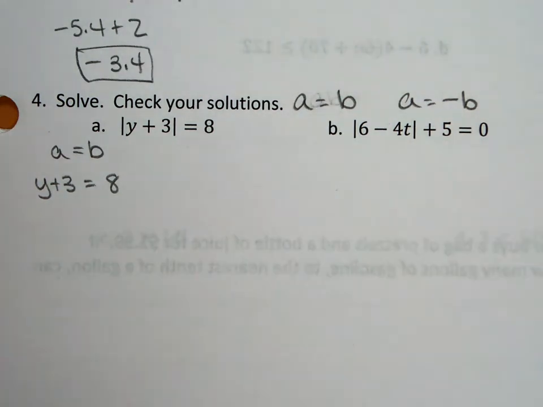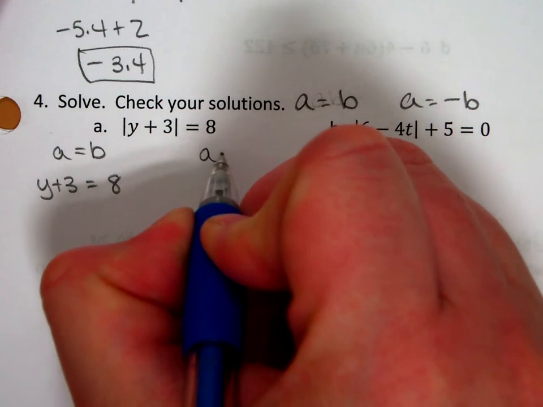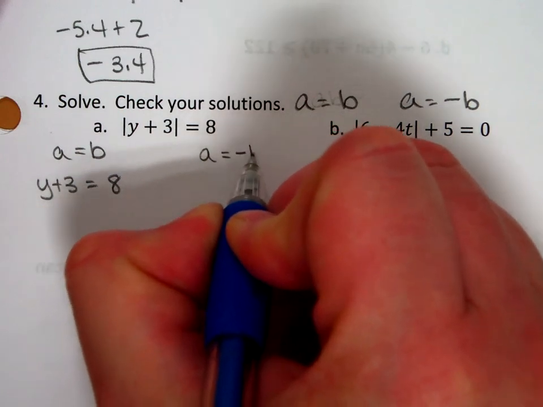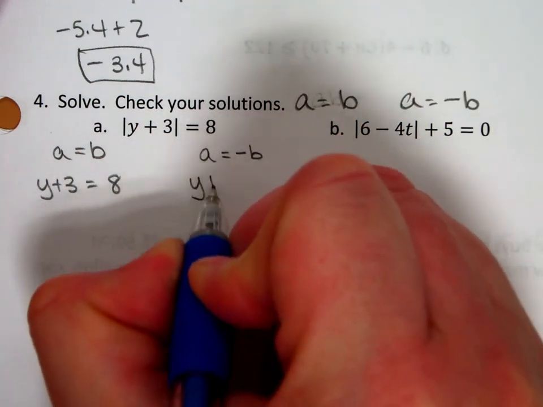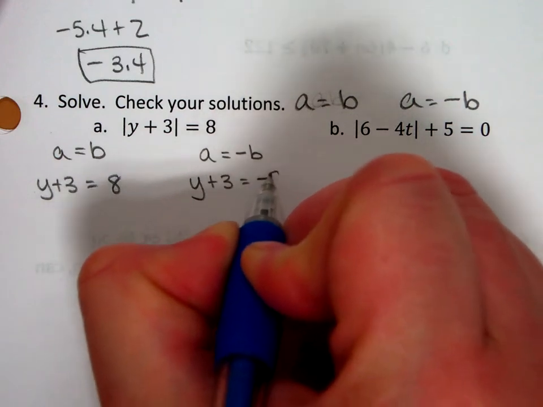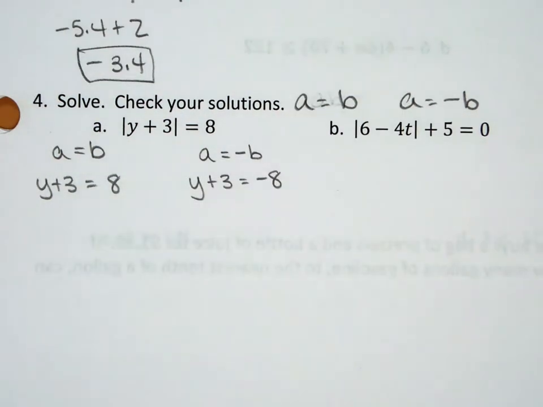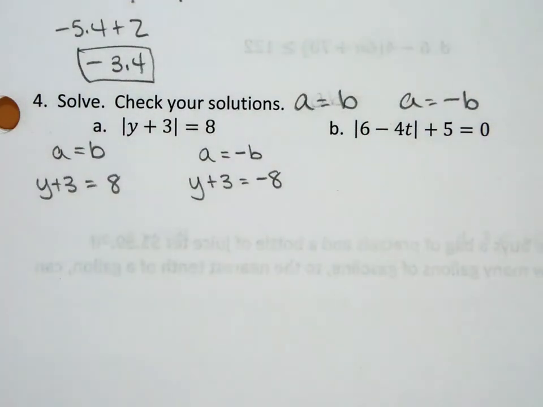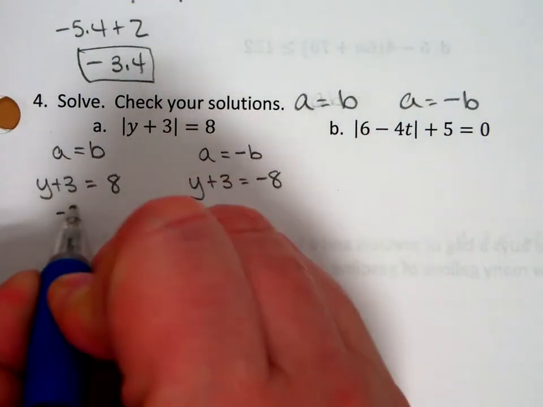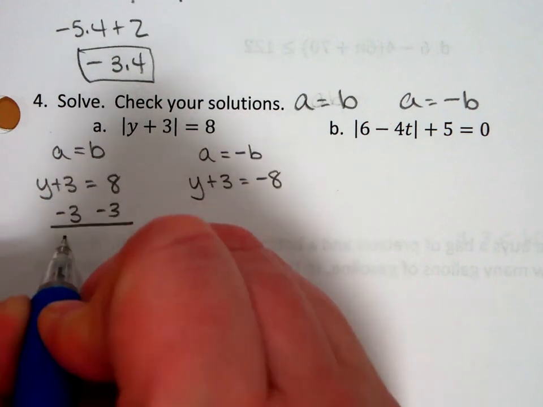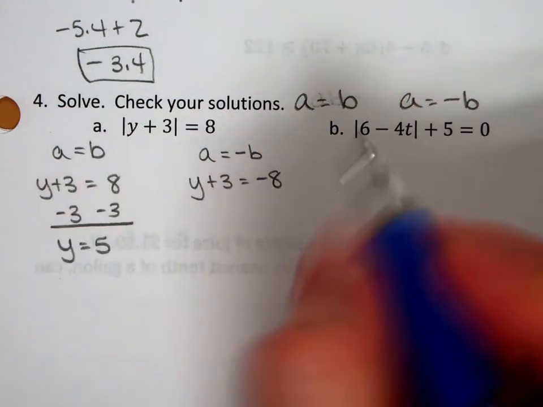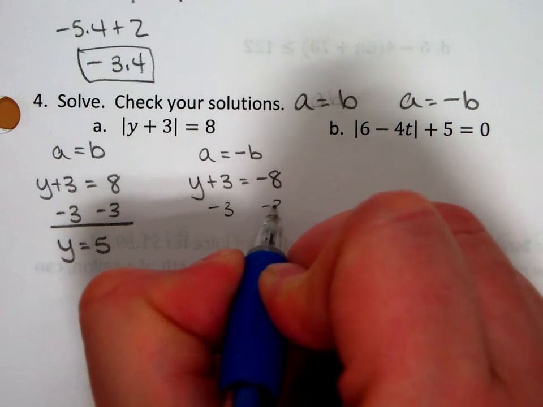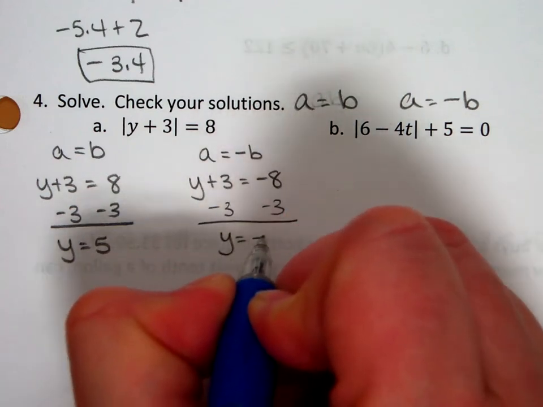So we're going to take what is on the inside and set it equal to the opposite of what we see, because if I get the value of -8 inside, the absolute value of -8 is a positive 8. So solving this out, I now have my two solutions.